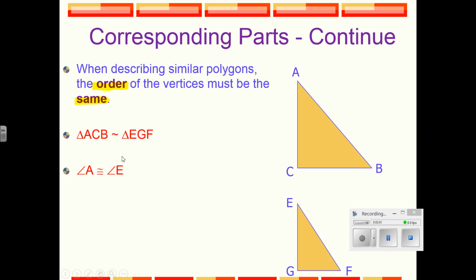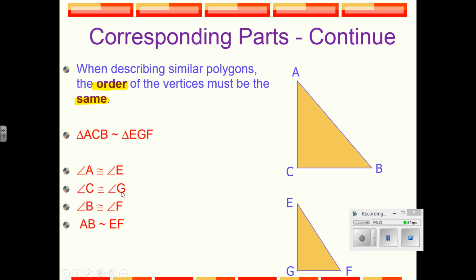Okay, so you can know that angle A and angle E are corresponding and congruent. You can mark them up on your paper if you'd like. Angle C and angle G are corresponding and congruent still. Angle B and angle F are corresponding and congruent still. But the sides are merely proportional. The side AB corresponds to EF, but they are not the same size.